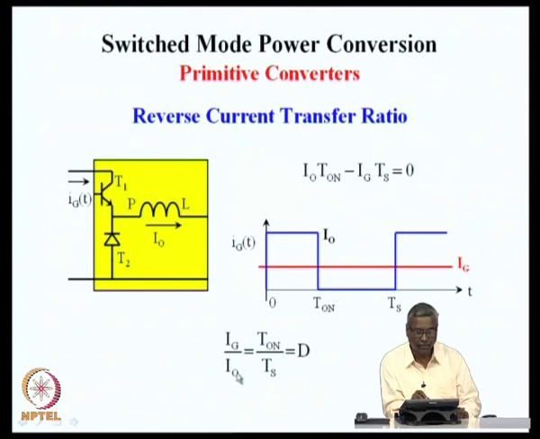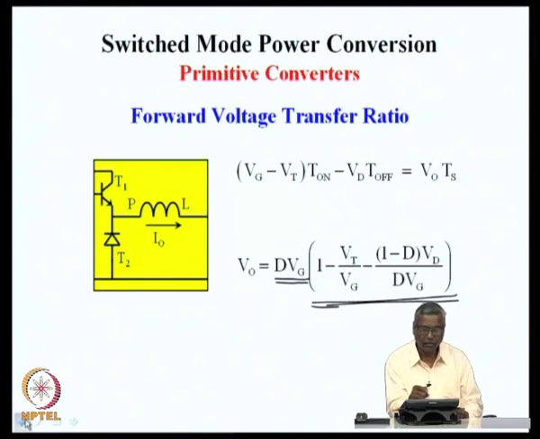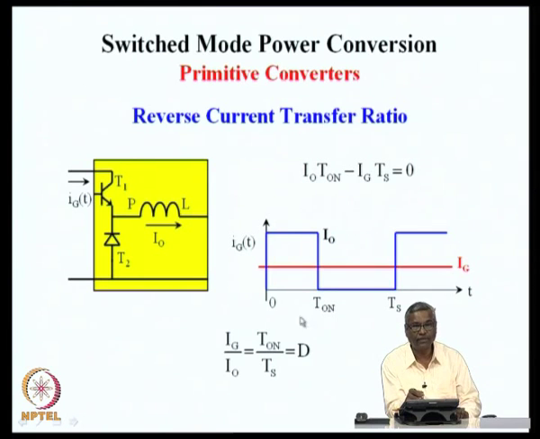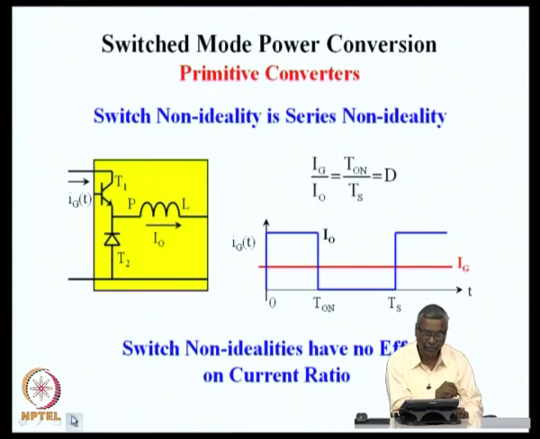Ig by I naught is the same as T on by Ts, which is the duty ratio. The important point to note here is that the switch non-ideality has not affected the reverse current transfer ratio. It affected the forward voltage transfer ratio, but it did not affect the reverse current transfer ratio.